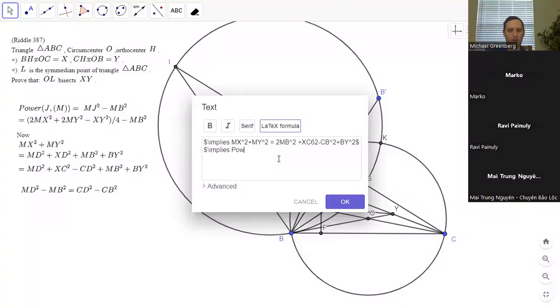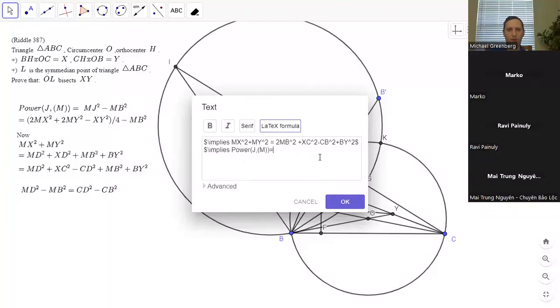And then that implies that the power of J with respect to M, if we take that and we plug it in here, we get twice that, but then we're dividing by 4. So MB squared cancels.